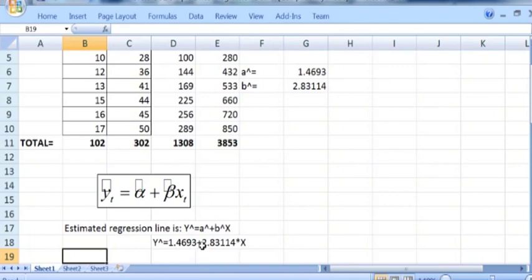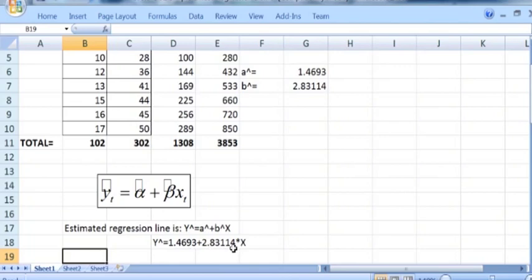If beta is positive, then increasing x will also cause an increase in y. If we have a negative sign here, that is, the calculated value of beta is negative, then when x increases, y will go down. Here, since beta hat is positive, it means when x increases by 1 unit, then y will also increase by 2.83114 units.